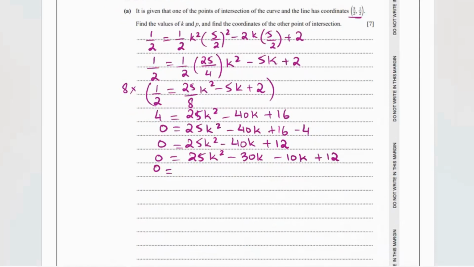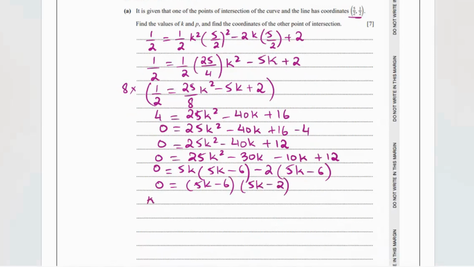Between 25k squared and 30k, we have 5k common. So 5k minus 6. Between 10k and 12, we have 2 common. So negative 2 bracket 5k minus 6. So 5k minus 6 bracket 5k minus 2.